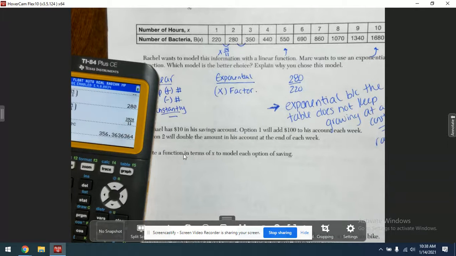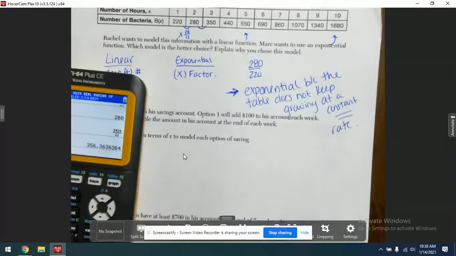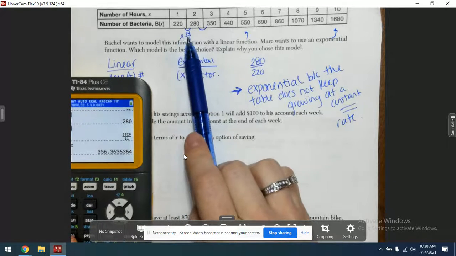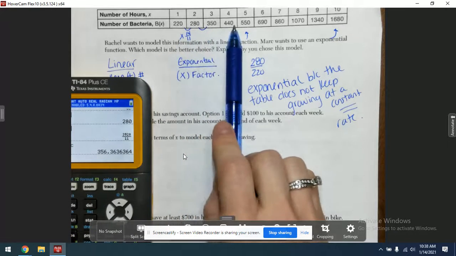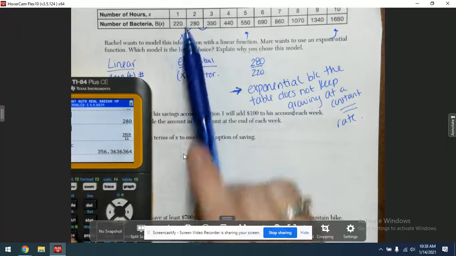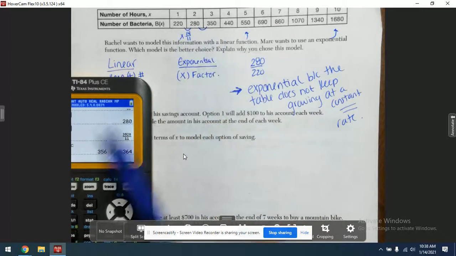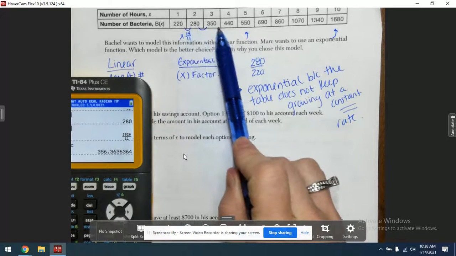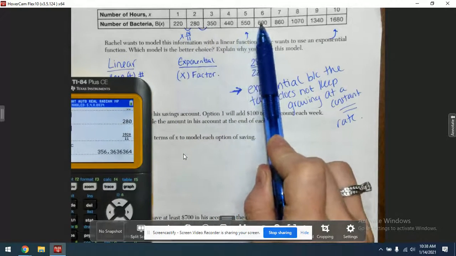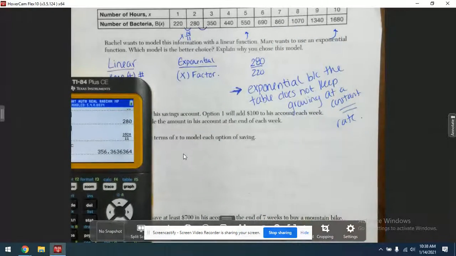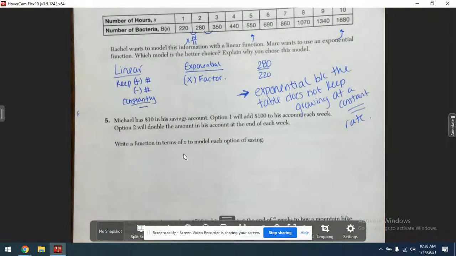So because it's not constant, that makes it exponential. And because it's not necessarily 14/11ths that we keep multiplying, but it's about 14/11ths, because sometimes in exponential growth the change can keep varying a little bit, but we notice that it does grow different amounts between each value, and it gets bigger faster. So that's why we're going to say exponential.